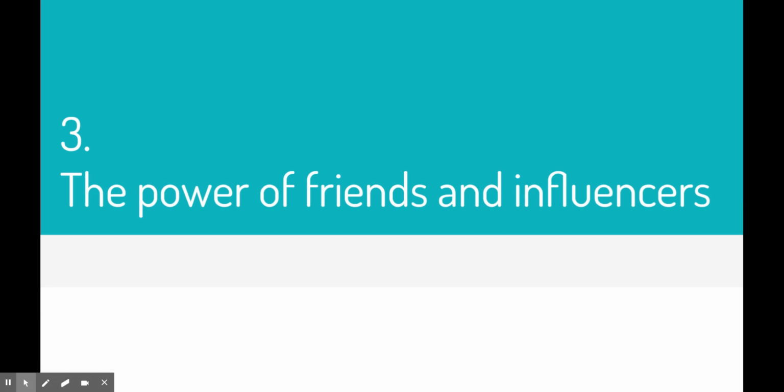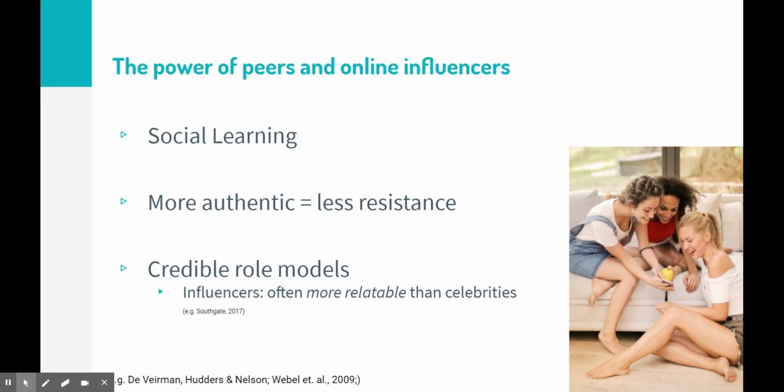All right, and then to finish things, I want to share with you some insights on the power of influencers and peers. Now, when we look at the so-called social learning theory, this theory basically shows that many of our preferences and behaviors are partially being formed by observing and imitating others.